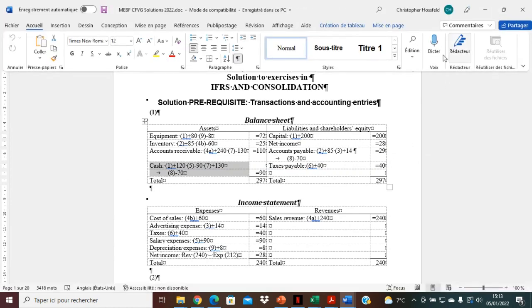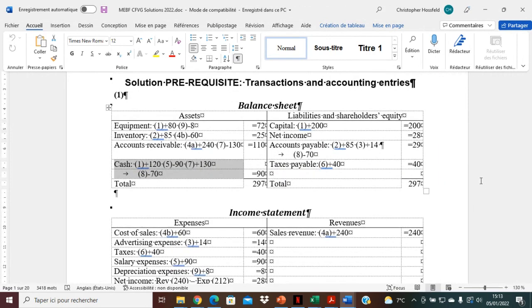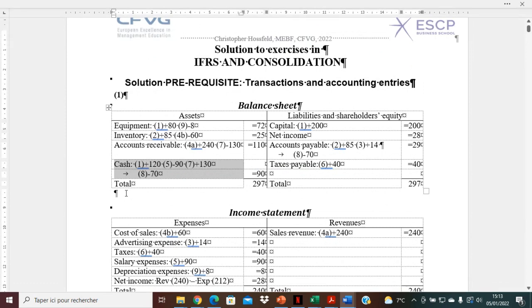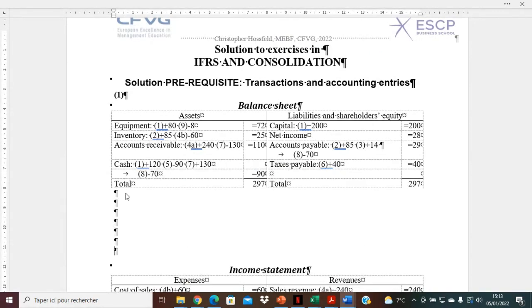And actually, what I will do is, for the cash flow statement, I need to classify all cash flows into the three sections: what is operating, what is investing, and what is financing cash flow. Okay, that's what I need to do.